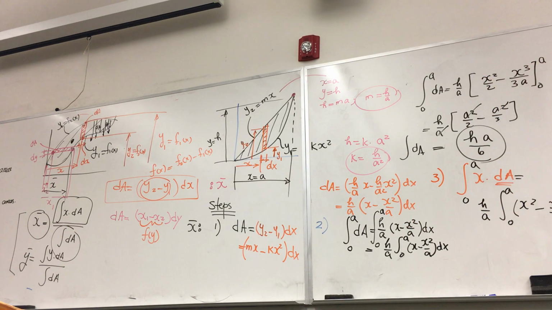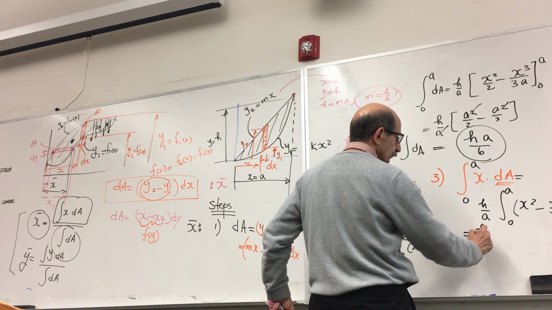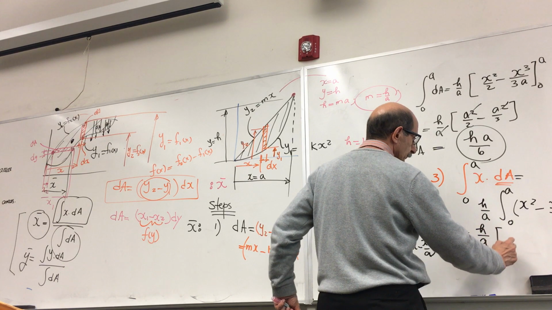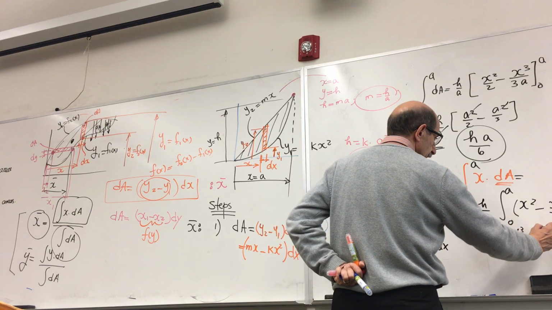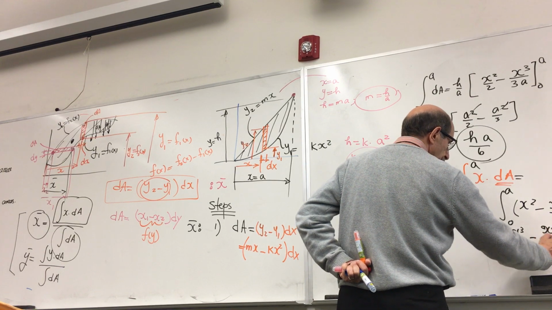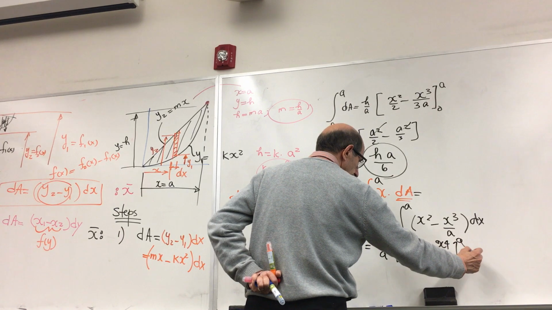If you do that, you get h over a of the integral of x cubed over 3 minus x to the 4 over 4a, from 0 to a.